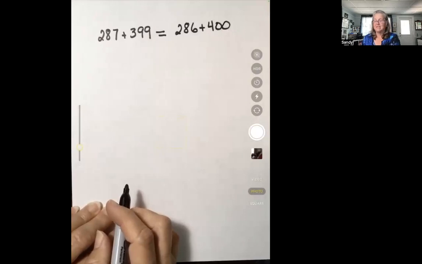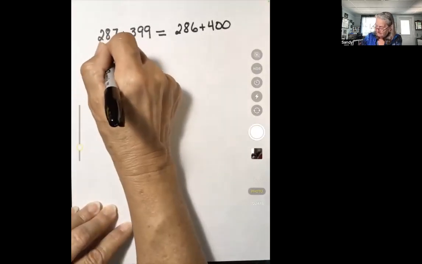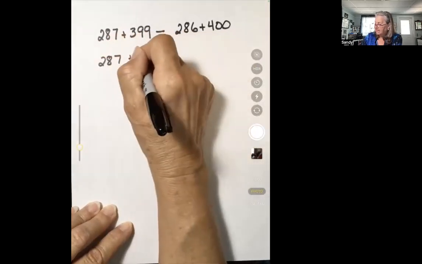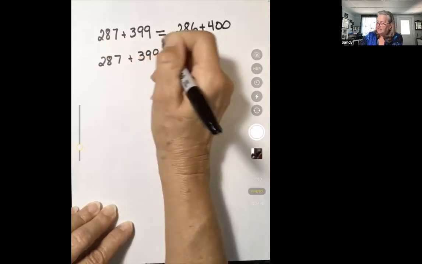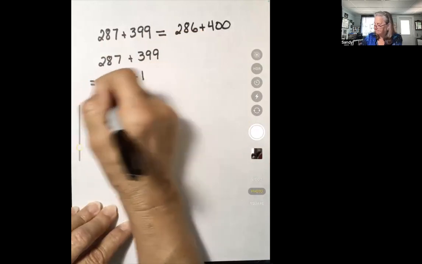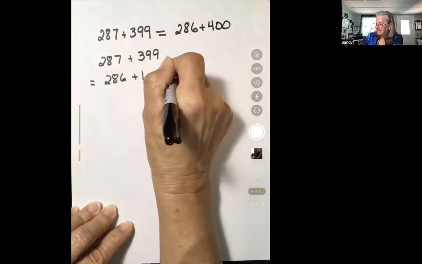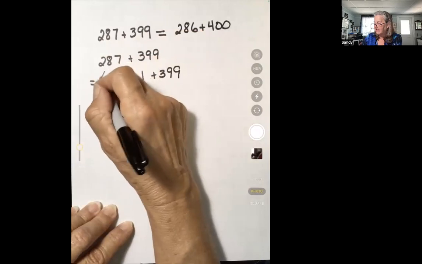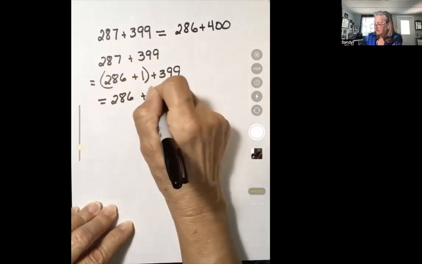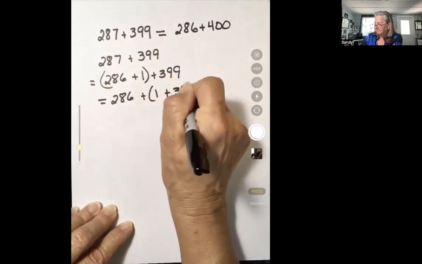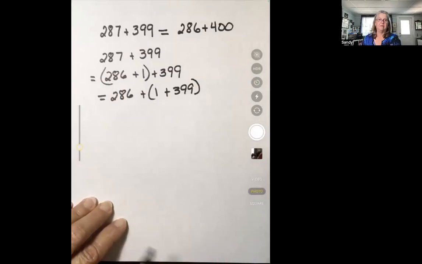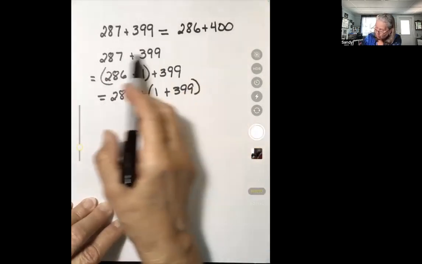Mental arithmetic. Essentially what I did, I thought of that 287 as 286 put together with 1. Instead of associating the 1 with the 286, I'm going to associate the 1 with the 399. Okay, associative property.